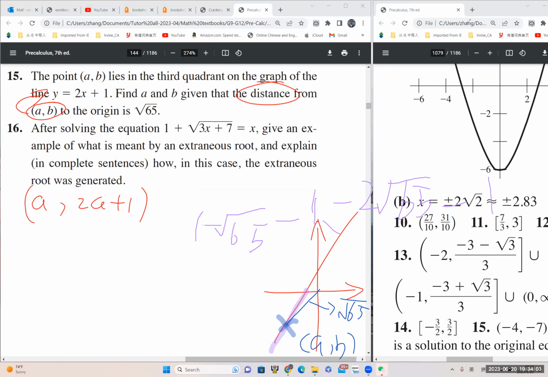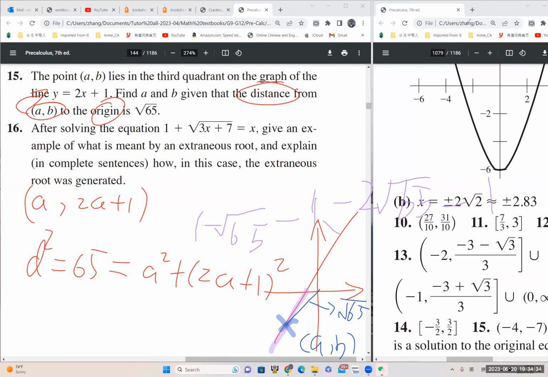As for the distance to the orange point, actually it's easy. The distance square is, right? Then this equals, I already squared them, so it means a square plus 2a plus 1 square, right? Then you just solve this.